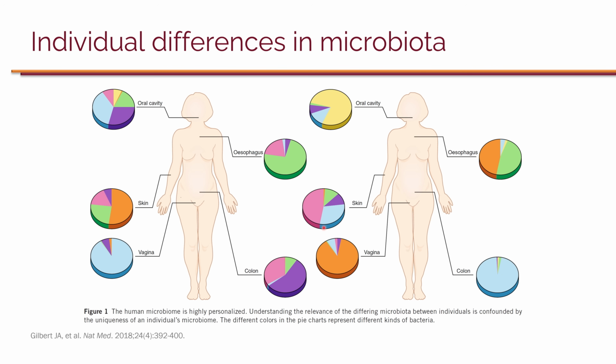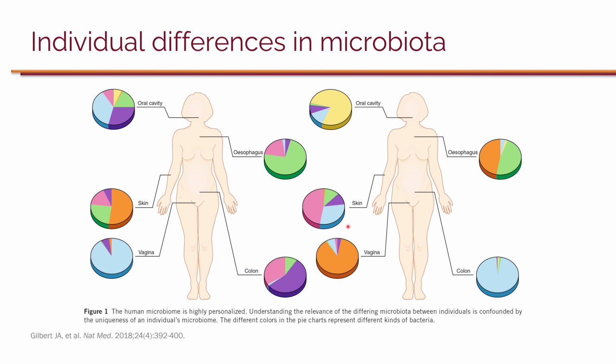And lastly, these are very difficult to study when it comes to any strategy for restoring a healthy gut microbiome, because there is significant individual differences in the microbiota. So if you have two healthy individuals, you're going to have significant difference in the oral microbiome, skin microbiome, vaginal microbiome, GI microbiome.